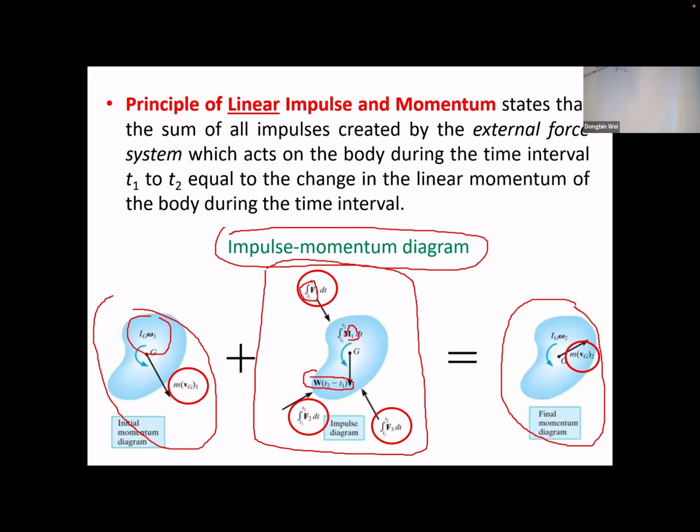For W, it's W times (T2 minus T1). But for F1, F2, F3, and the couple moment M, we use integrals. Why is there a difference? Why don't we use force or moment directly times (T2 minus T1)? Why do we need to integrate? What's the reason?